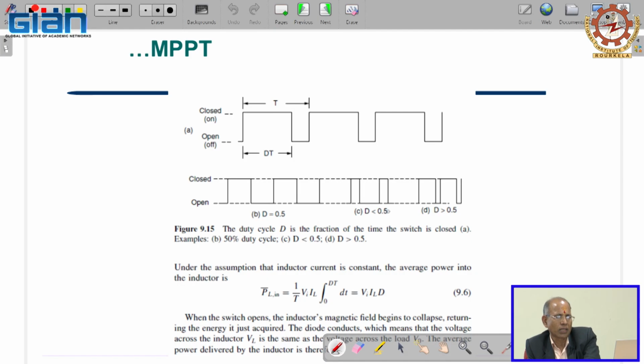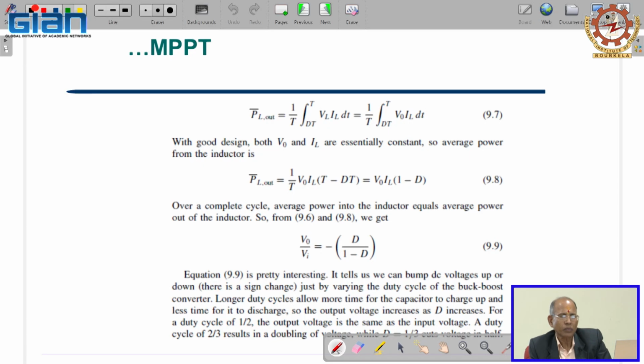Then here you can see the on time is lesser than 0.5, and here it is more. I'm not going into a long technical discussion, but the concept is very simple. You have the output voltage and input voltage, and what matters is how much time the switch is on and how much time it is off.